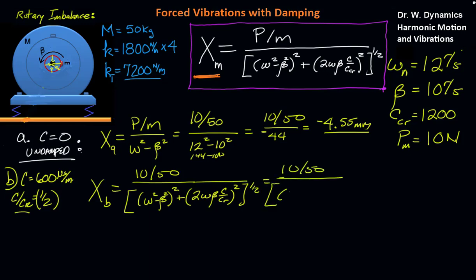We already saw that that's going to be 44 squared plus 2 times 12 times 10 times 1/2 squared to the 1/2 power. We look in here, these 2's cancel out, and we have 120 squared here.